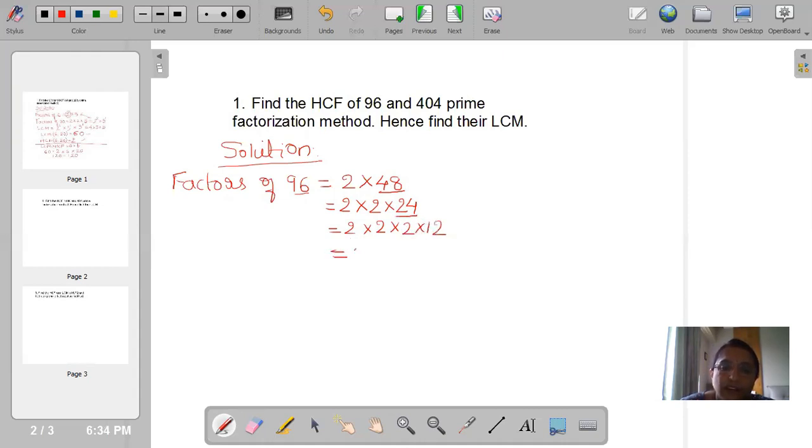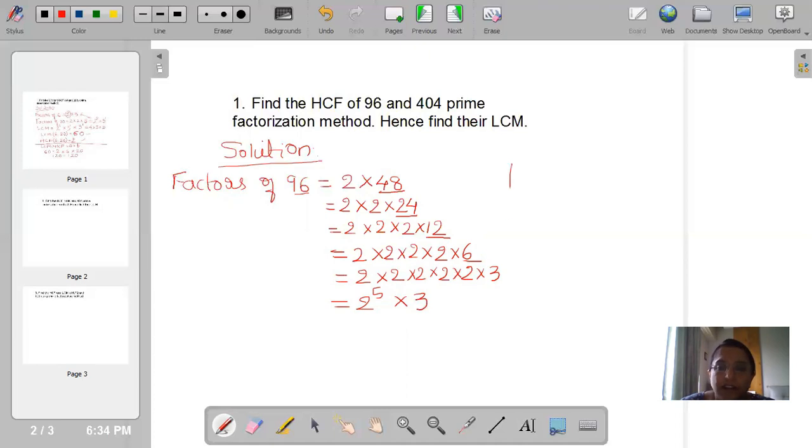This one, 2 into 2 into 2 as it is. Again this one I can write as 2 into 6. One more step we'll take. 2 into 2 into 2 into 2 into, again factors of this, 2 into 3. So factors of 96 are 2 raised to 5 into 3.